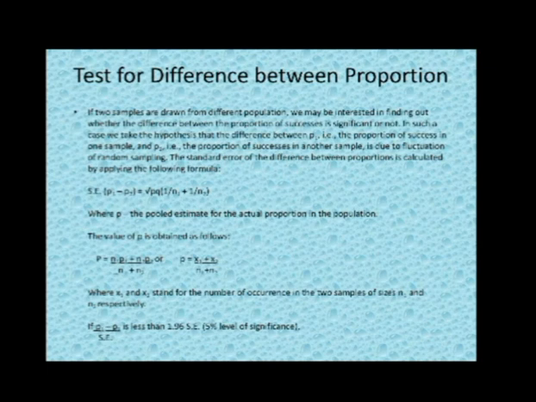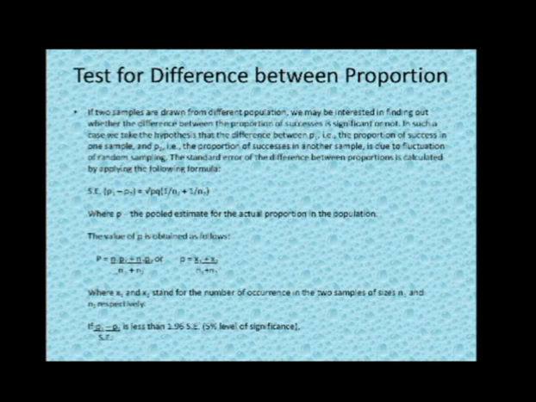This helps us find the difference between the populations, using the samples we get from these two populations. Two populations here means two samples. That is why we use the test of significance for proportions.